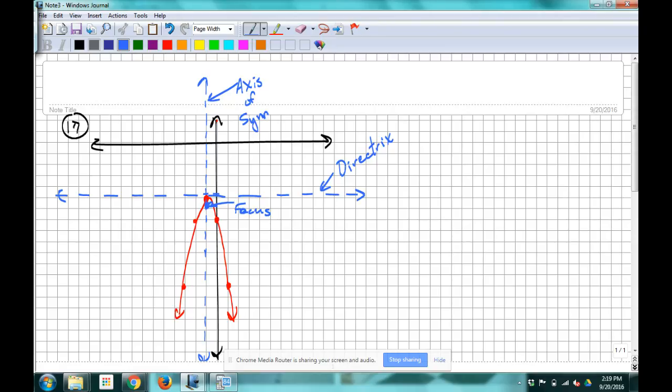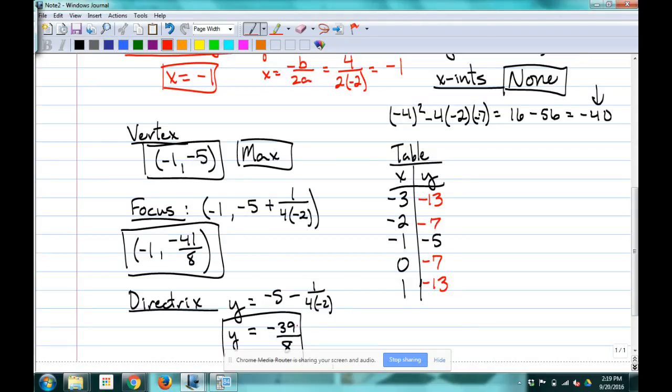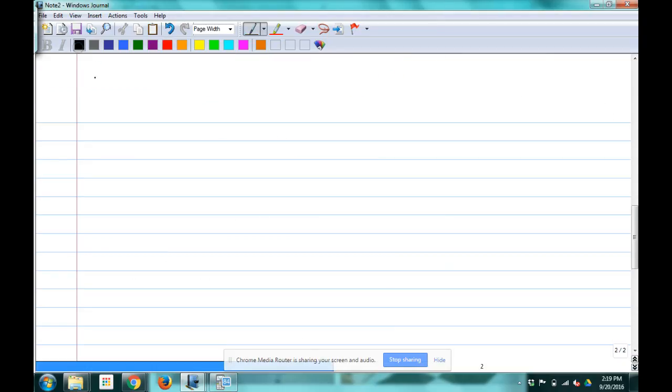Okay. All right, let's go back and do all that stuff for number 13. That's in vertex form.